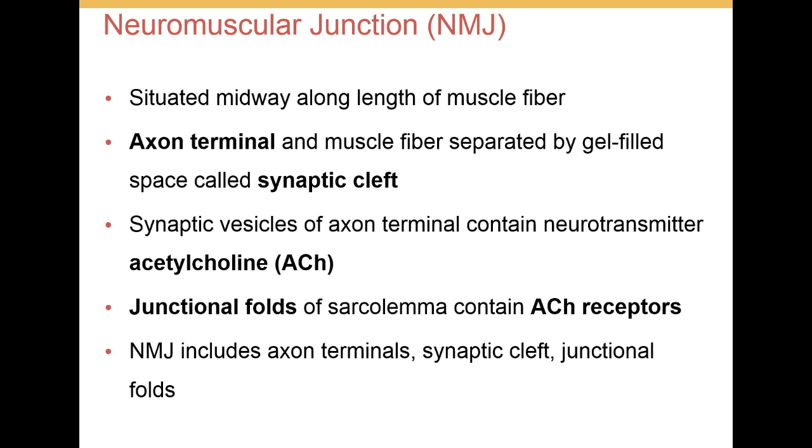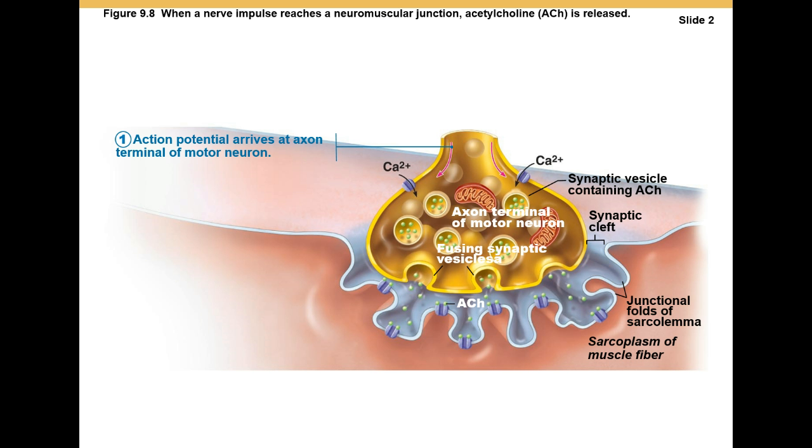It's going to go across the synaptic cleft, and then it's going to contact the sarcolemma. And if we look at the sarcolemma, and we will, there are going to be little folds of the sarcolemma containing receptors for acetylcholine. So the neuromuscular junction will include the axon terminals, the synaptic cleft, and the junctional folds, which contain the acetylcholine receptors.